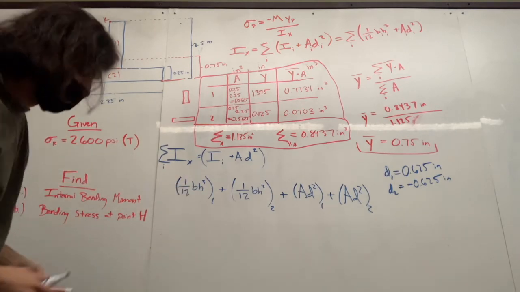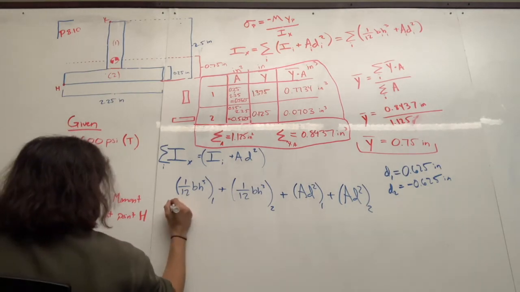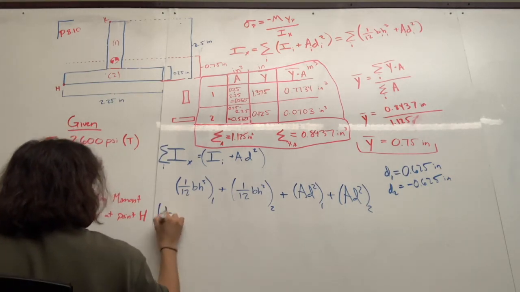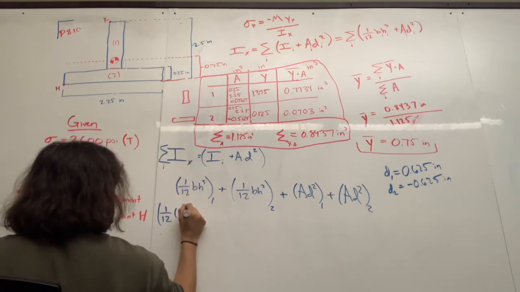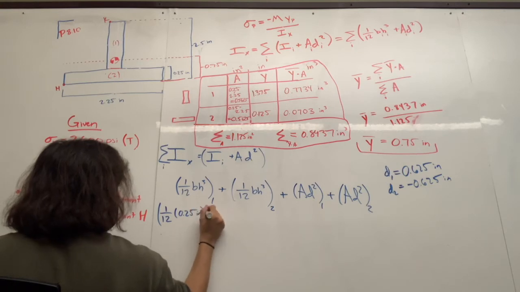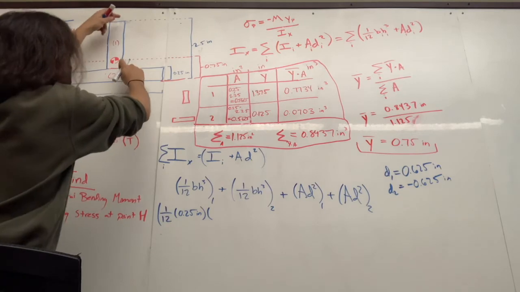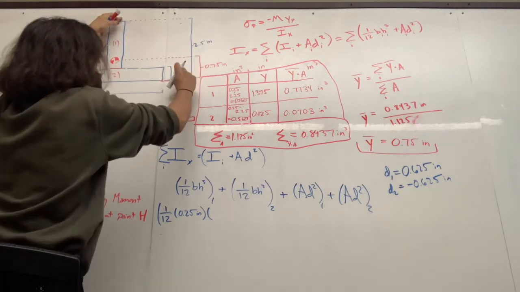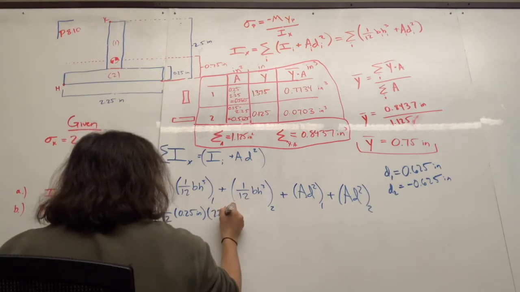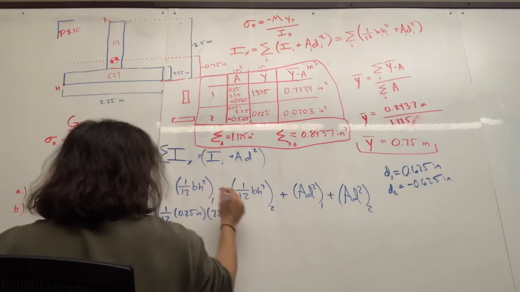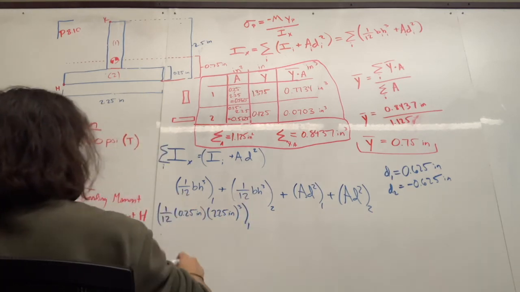So for rectangle 1, it's going to be 1 over 12 times the base, which is the thickness, 0.25 inches, times the length of it, which is 2.5 minus the thickness, so 2.25 inches, and this term is cubed. So that's for rectangle 1.